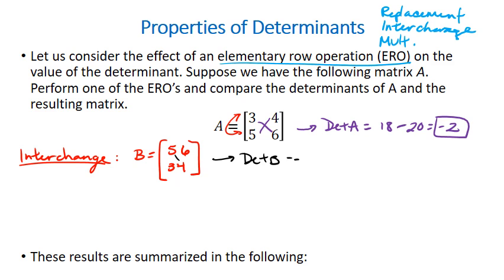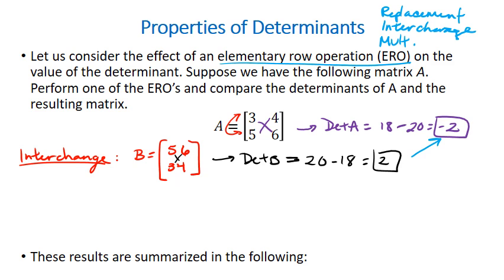So that's 20 minus 18, which is a +2. So let's compare these. How do they compare? Well, the sign is different, right? Okay, note to self.